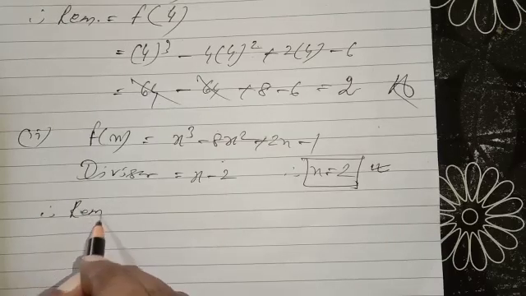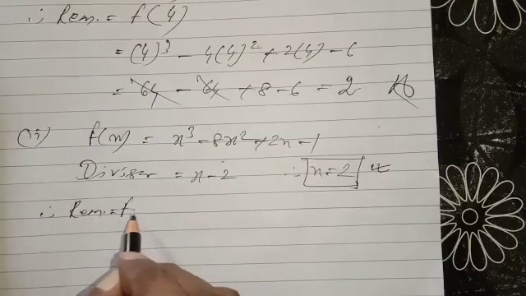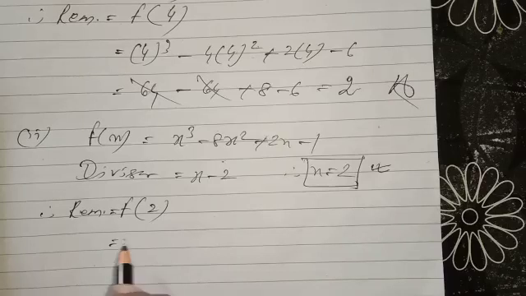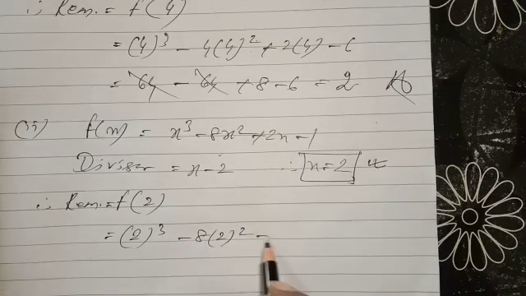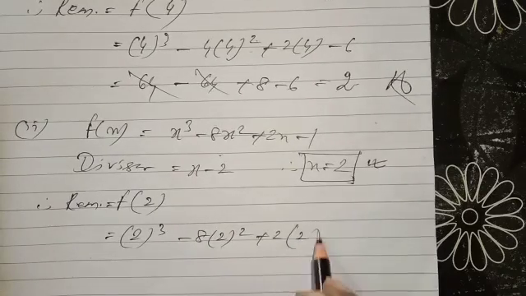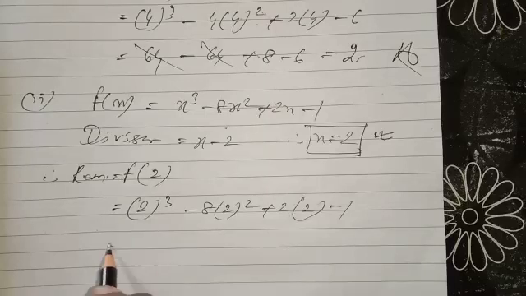Remainder is equal to f of 2, x replaced by 2. That is 2 whole cube minus 8 into 2 whole square plus 2 into 2 minus 1. 2 cube is how much? 8.